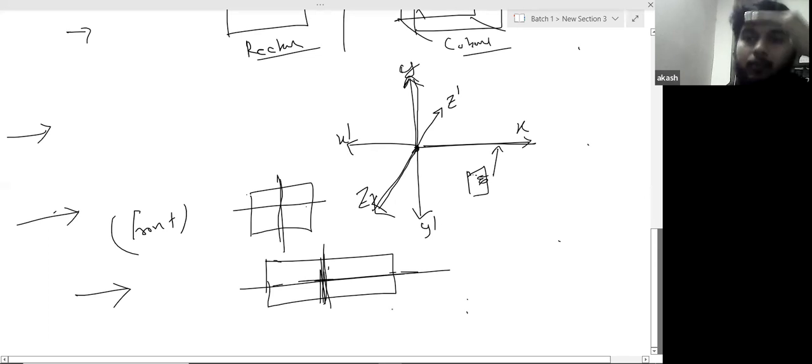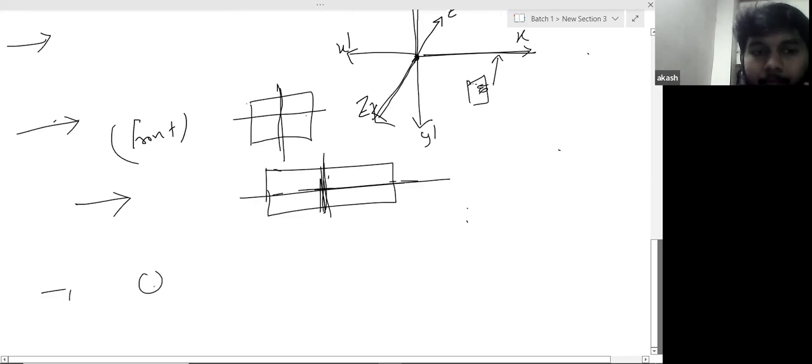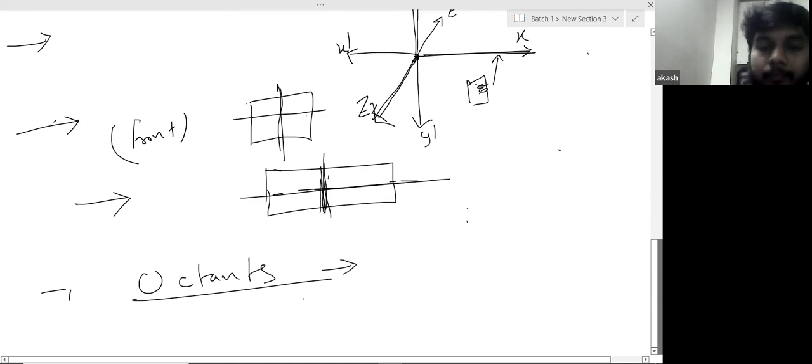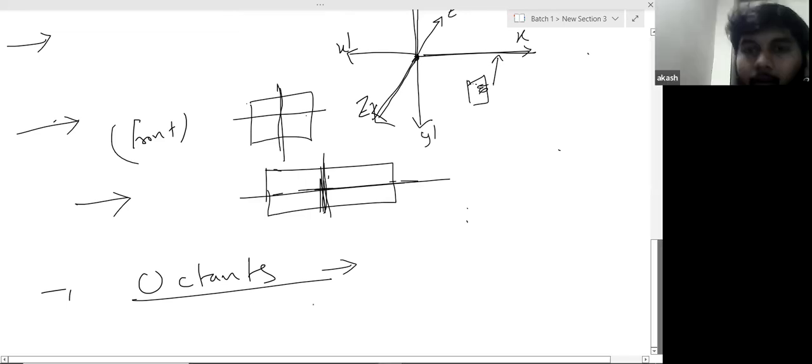So we have top layer 4 parts and bottom layer 4 parts. So these are called octants. Is it clear how we get 8 equal parts? Yes, sir. All right. These are called octants.